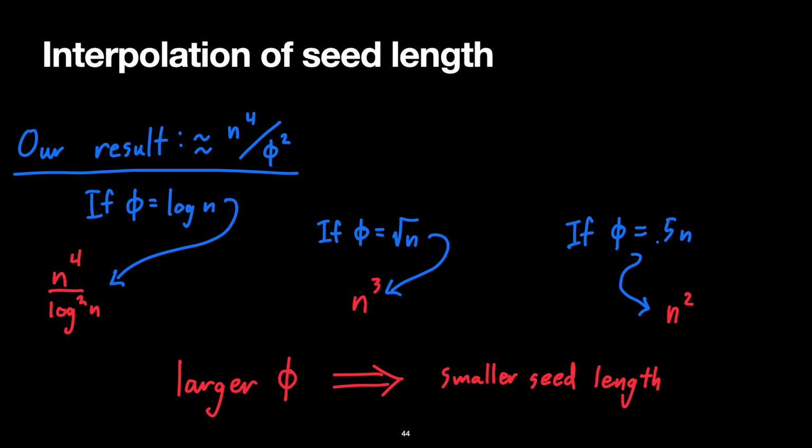We have seed length n to the fourth over log squared n. If phi is equal to, say, root n, an intermediate, we're going to get a seed length of n cubed. And if phi is some constant times n, constant less than 1, we're now going to get a seed length of n squared, matching the state-of-the-art result for exponentially secure one-way functions.